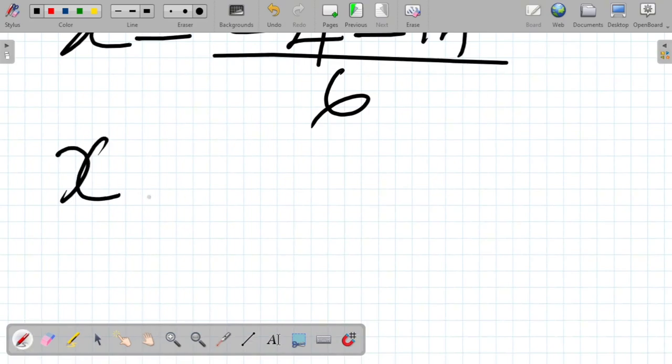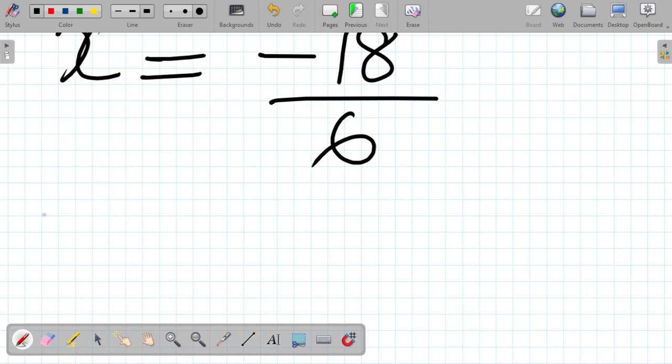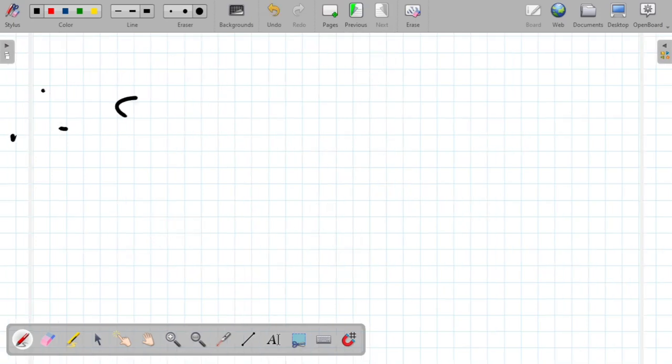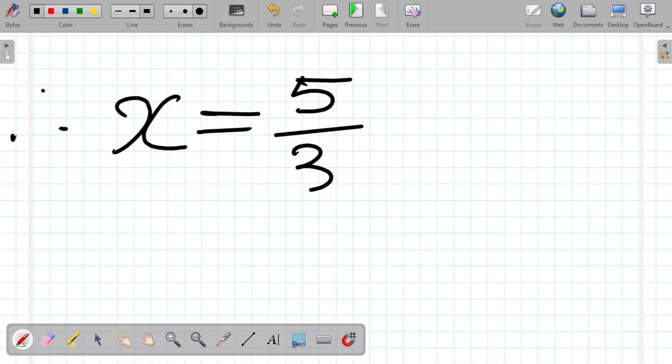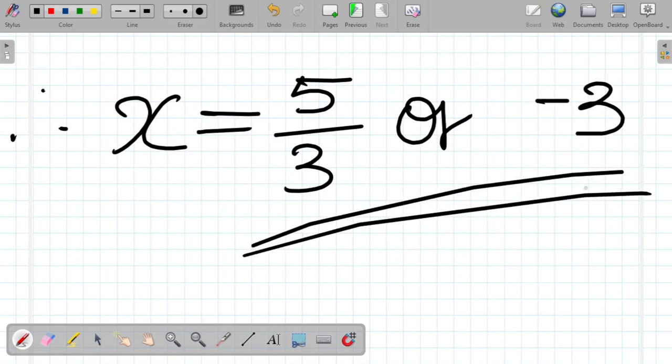So x is equal to negative 4 minus 14 is negative 18, and then all over 6. So therefore, x is equal to negative 3. Therefore, x is equal to 5 all over 3 or negative 3. So this is our final answer.